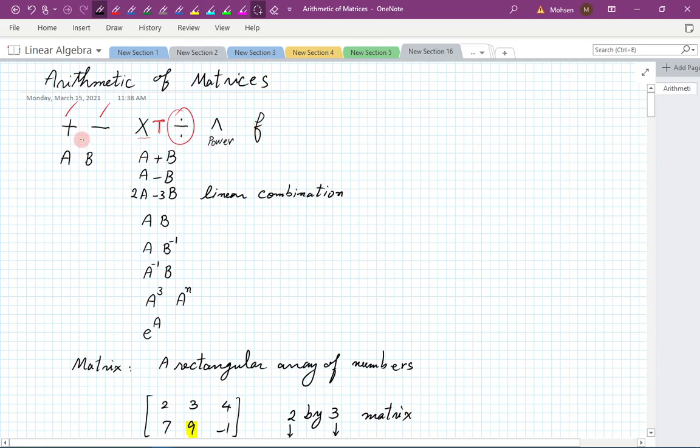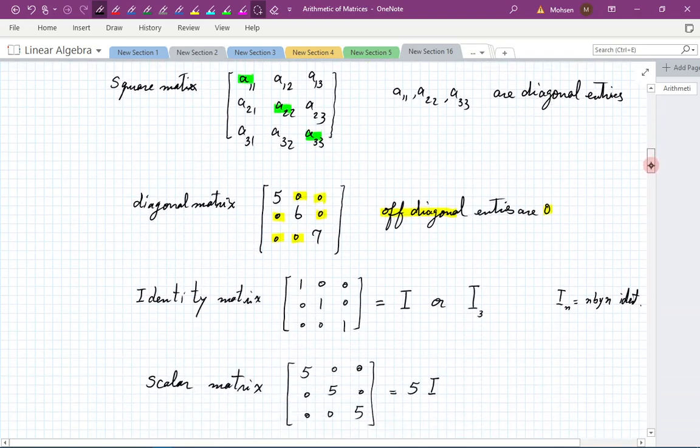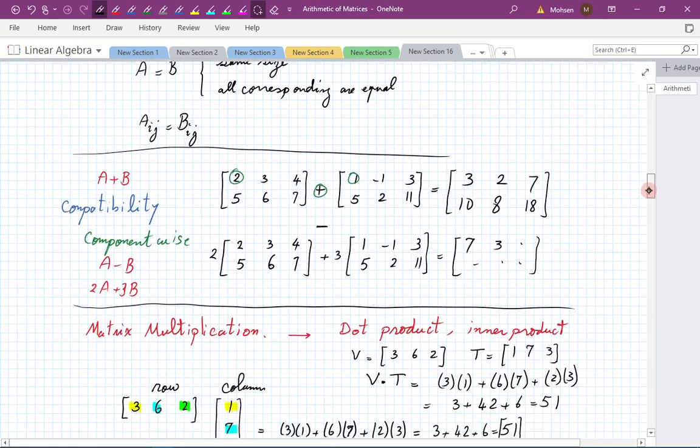So addition and subtraction were straightforward. Multiplication we did last time. We explained that the case of multiplication is essentially a long list of dot products.